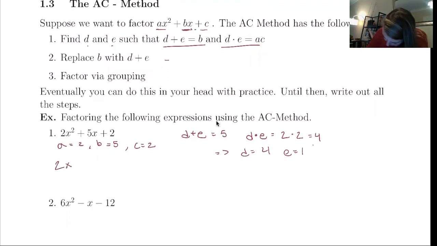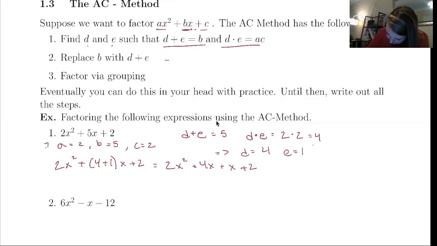So I have 2x squared plus (4 plus 1)x plus 2, which is the same as 2x squared plus 4x plus just x. You can write 1x, but it doesn't really matter. Plus 2.